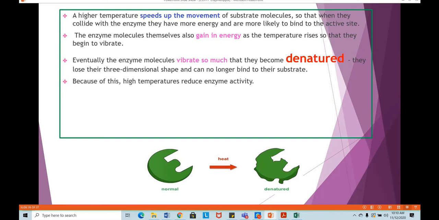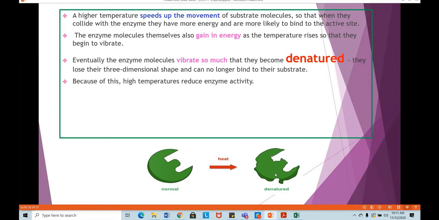The enzyme molecules themselves also gain energy as the temperature rises, so that they begin to vibrate. So when the substrate molecules start vibrating, even the enzyme starts vibrating, isn't it? Eventually the enzyme molecules vibrate so much that they become denatured, they lose their three-dimensional shape and can no longer bind to their substrate.